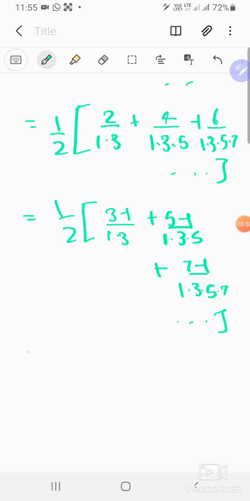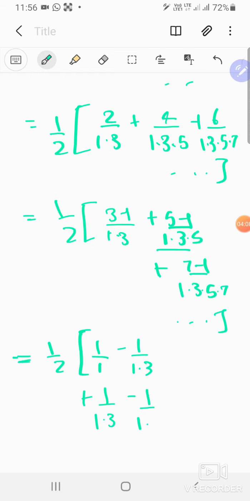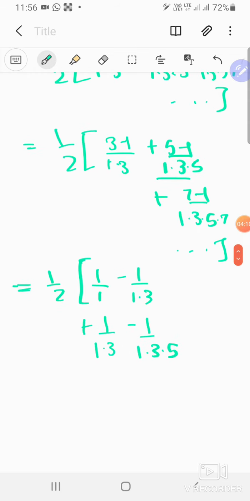Keeps going like that. Well, that thing can be written as half of 1 upon 1 minus 1 upon 1 into 3, plus 1 upon 1 into 3 minus 1 upon 1 into 3 into 5, and then plus 1 upon 1 into 3 into 5 minus 1 upon 1 into 3 into 5 into 7.